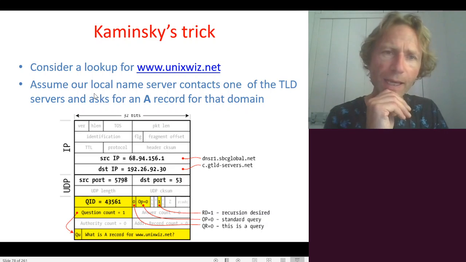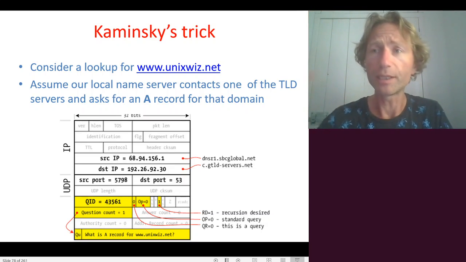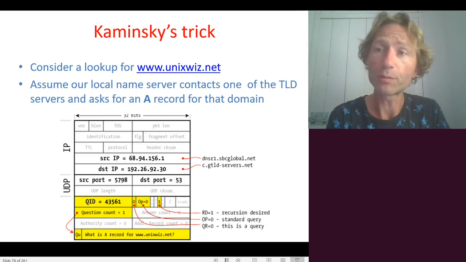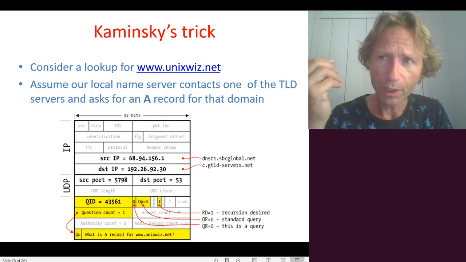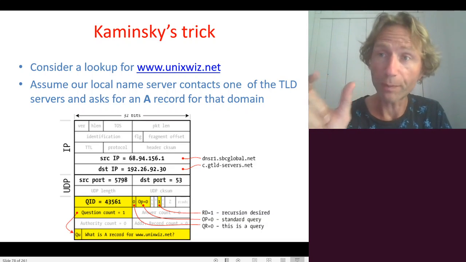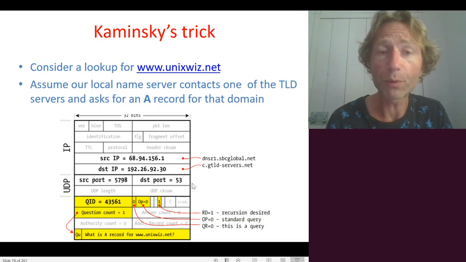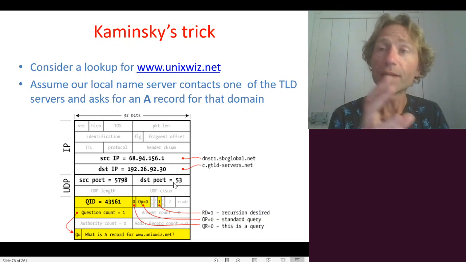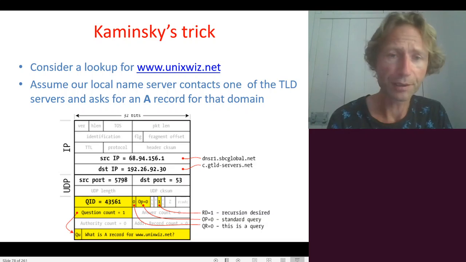Our local name server contacts not the root name server, but the top-level domain name server for the .net domain, and asks it for the IP address for this particular domain name. It sends it to UDP port 53, and we already saw that UDP port 53 is the port on which the name server listens.